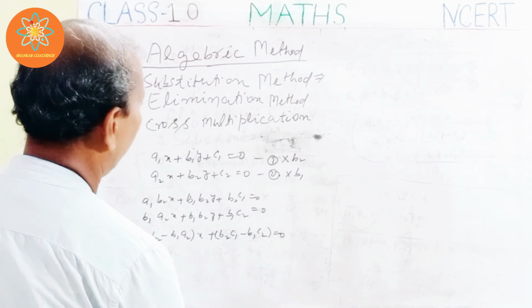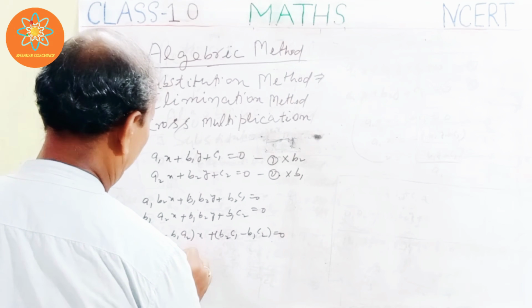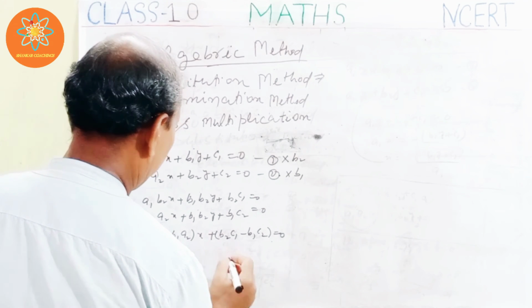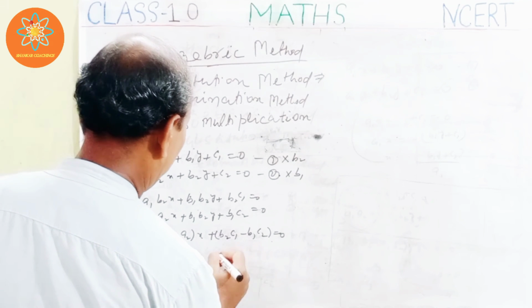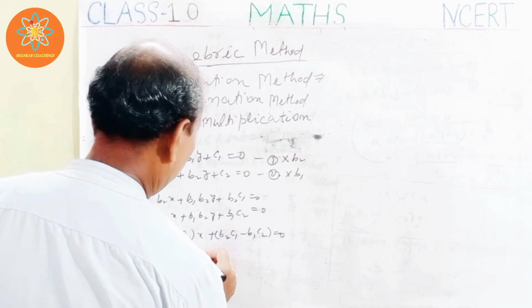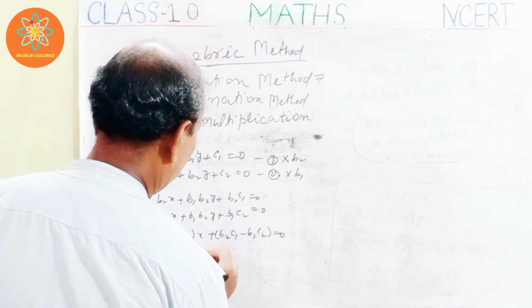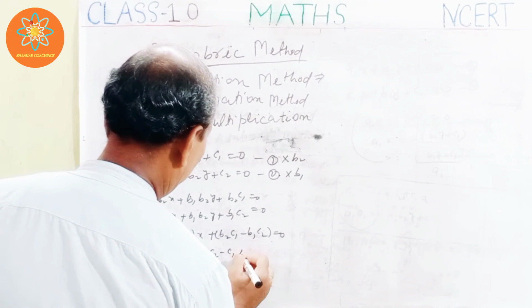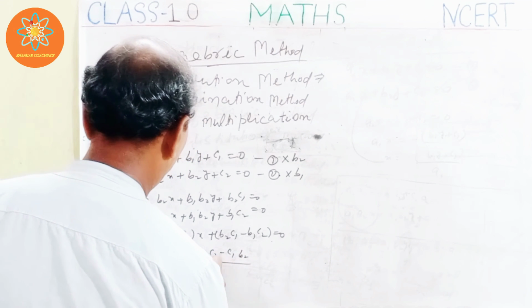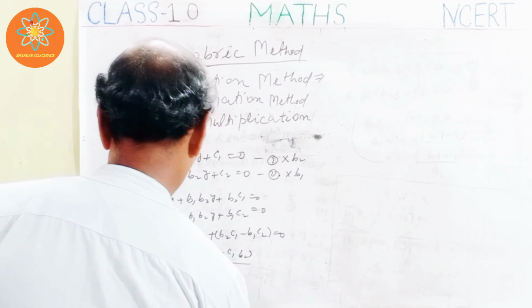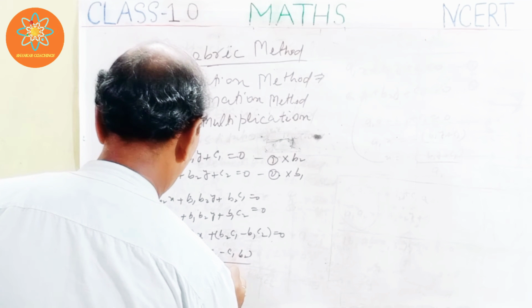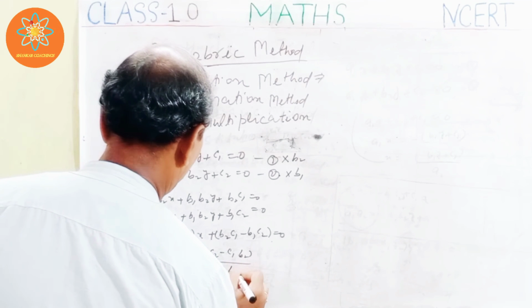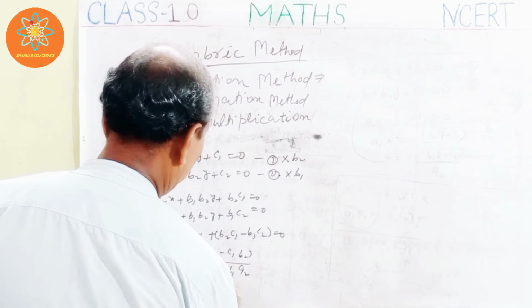So what is the value of x then? x is equal to b1 c2 minus c1 b2, divided by a1 b2 minus b1 a2.